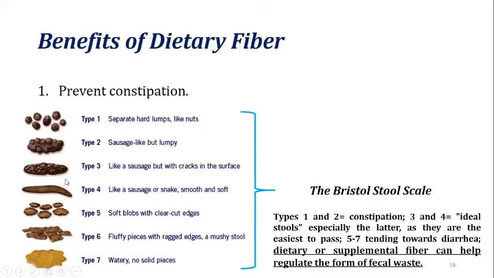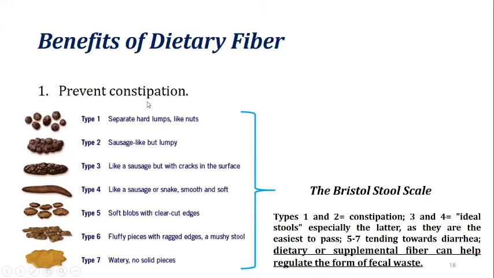Types 3 and 4 are the ideal kinds of stools. And types 5 to 7 go towards diarrhea. This is a kind of nutritional assessment, and we can say that types 1 and 2 are the condition of constipation.